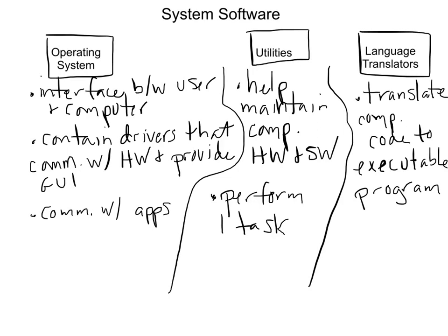All right, so you see how system software is necessary for a computer to operate. But in order for you to produce something meaningful and helpful to you, you use the application software. Any questions?